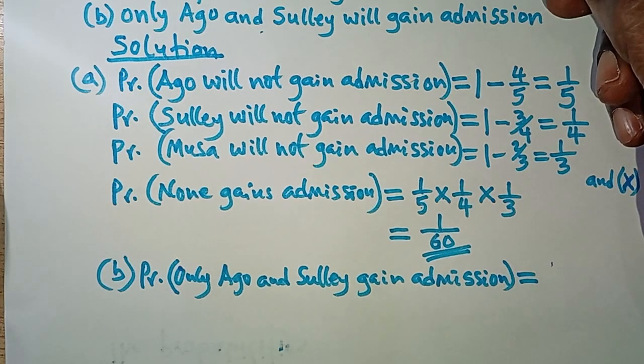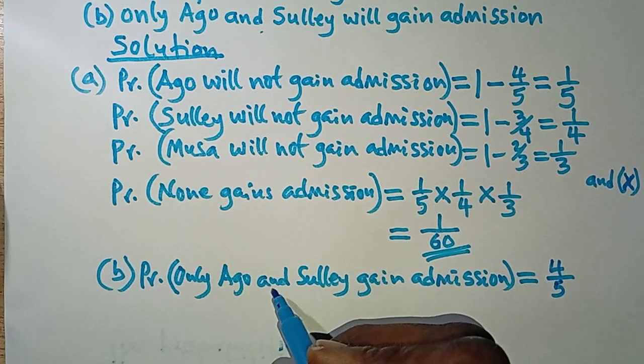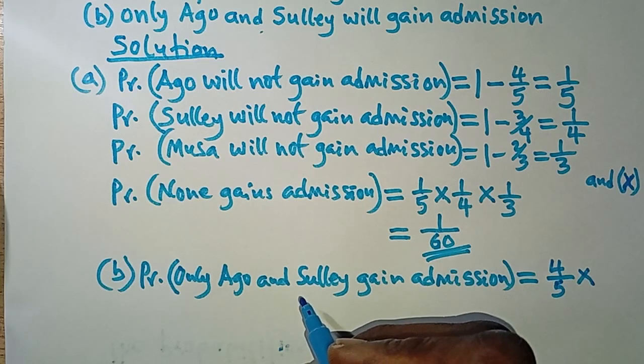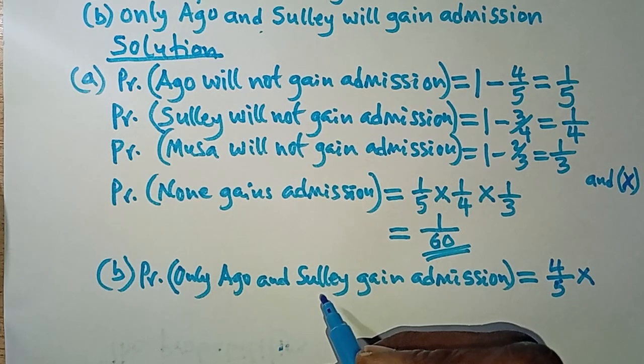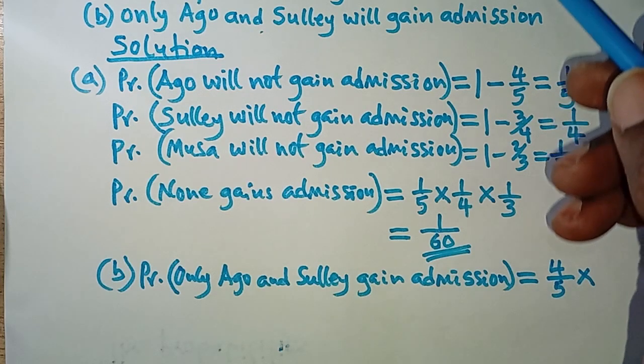Don't forget that this 4/5 means Ago gains admission. So the probability that Ago gains admission is 4/5. And you can see the and representing multiplication. And Sule gains admission. The probability that Sule gains admission is 3/4 from the question.